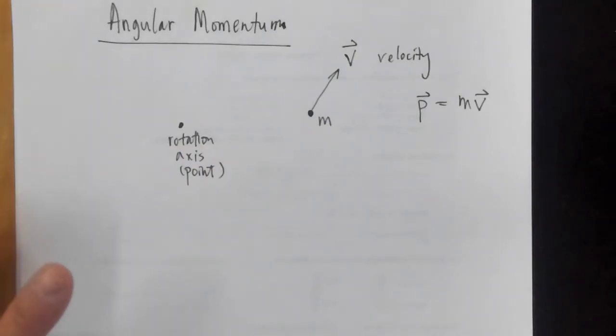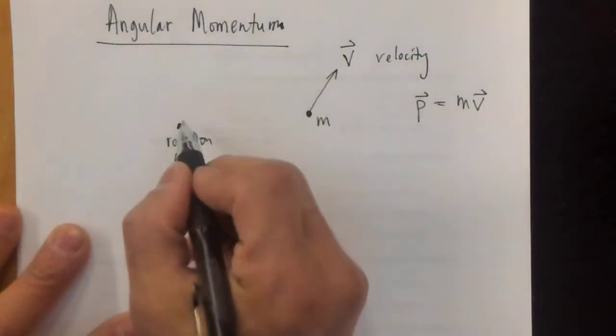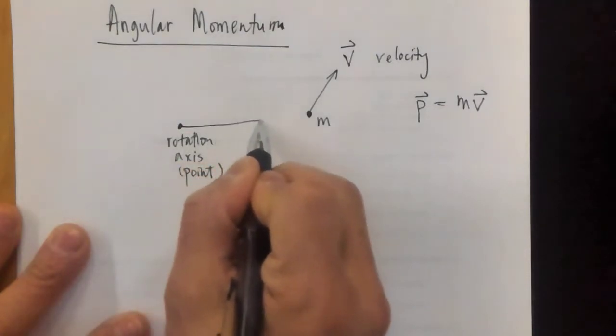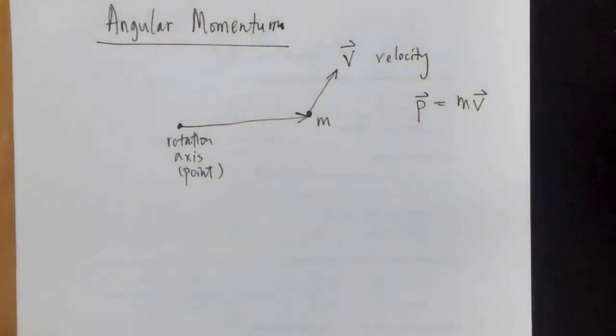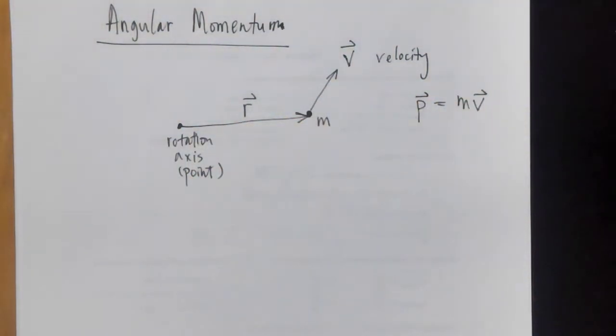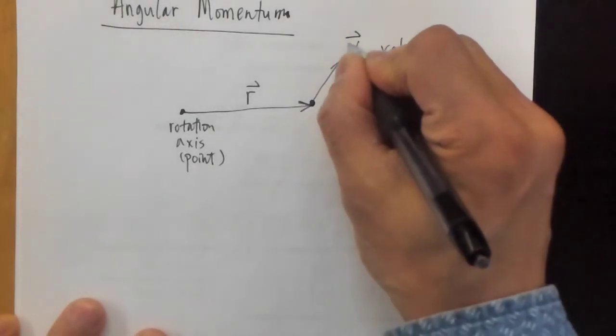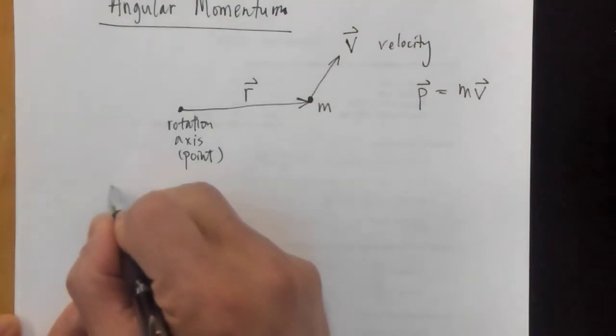For angular momentum, we're going to draw this lever arm. This is the vector r, going from the rotation axis to where the particle is. And then the definition of angular momentum of this particle.